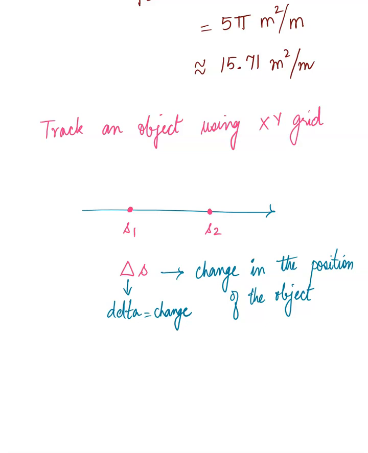And so this change is what we are really interested in physics. And S is the traditional letter that is given to the position of an object. So if you consider this distance between S1 and S2, delta S will be S2 minus S1, right?